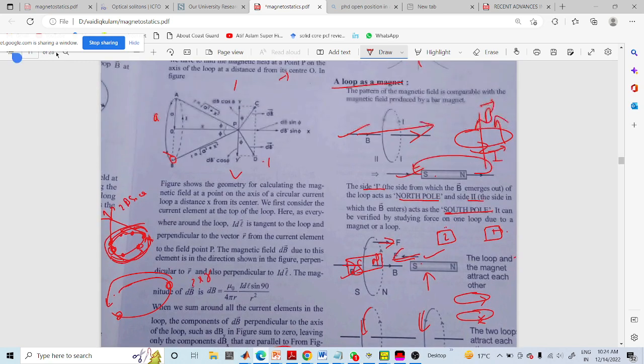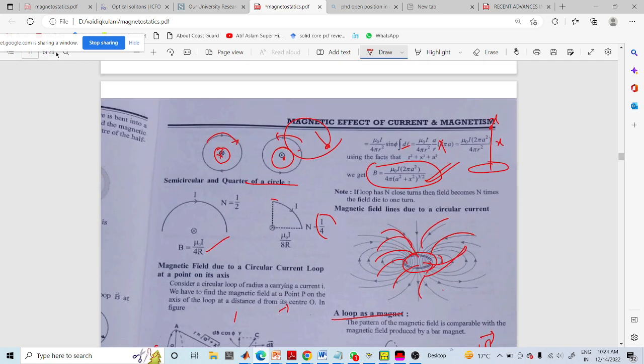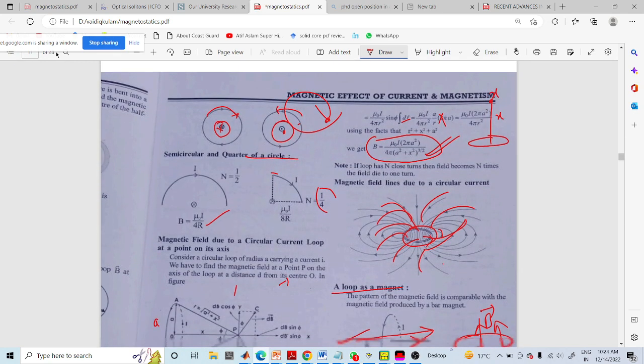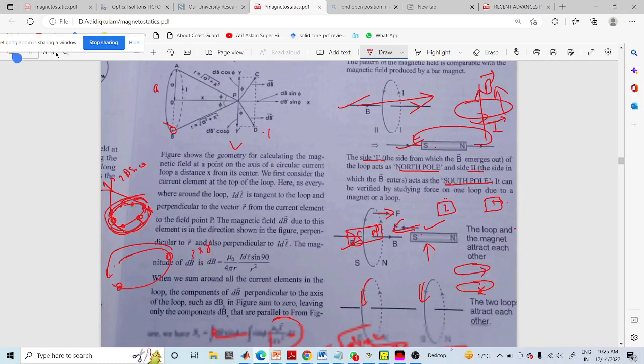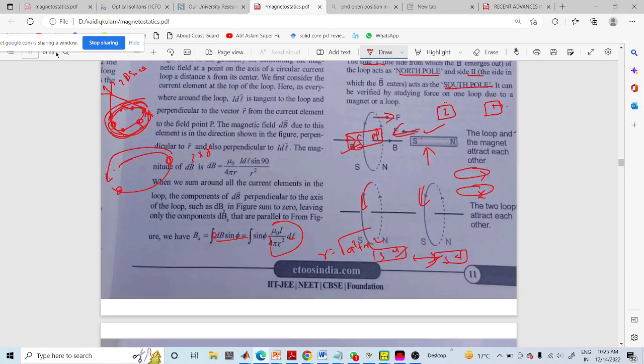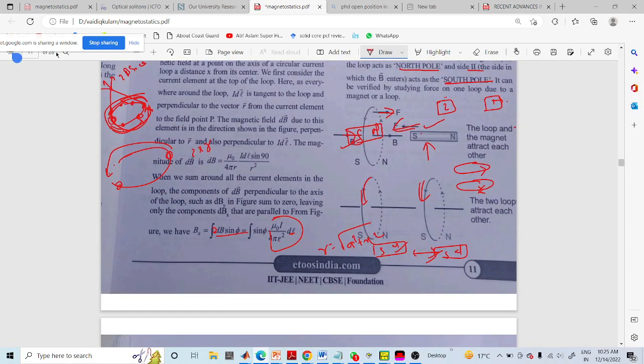One more result I want to show you. It is not in terms of cos theta. So if you write these things in terms of cos theta, if you put the angle here, the same thing is here, right?